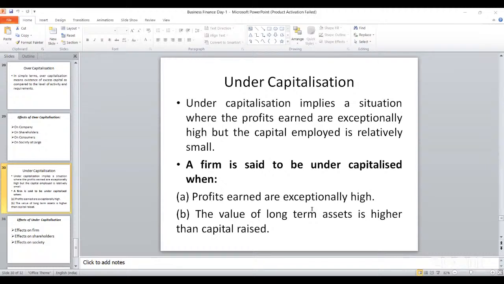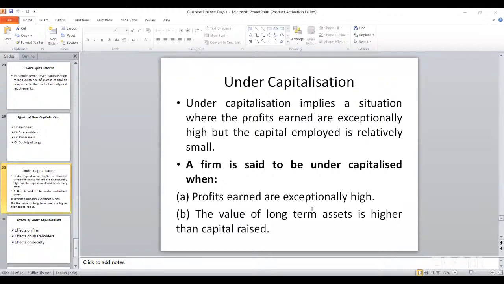So instead of an earnings rate of 10%, it will move to 12.5% or 13%, where the rate is very high. Such a situation we call undercapitalization.